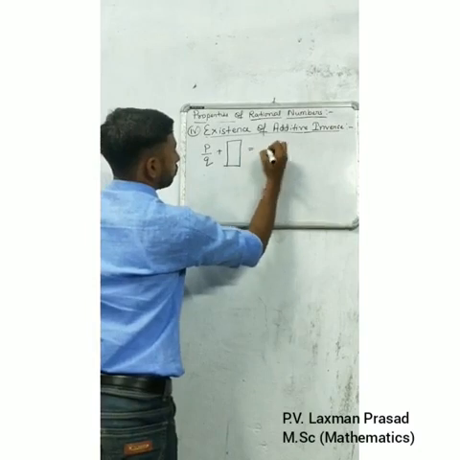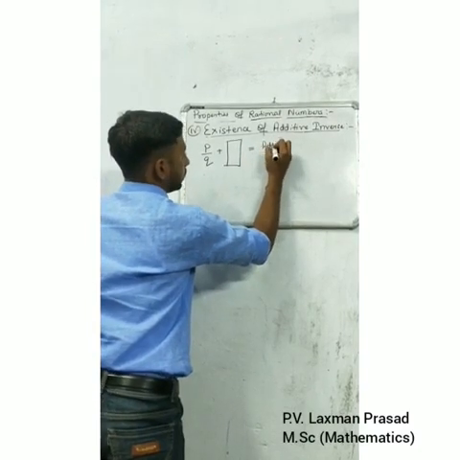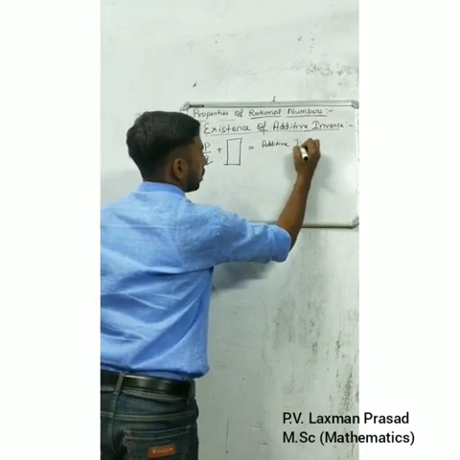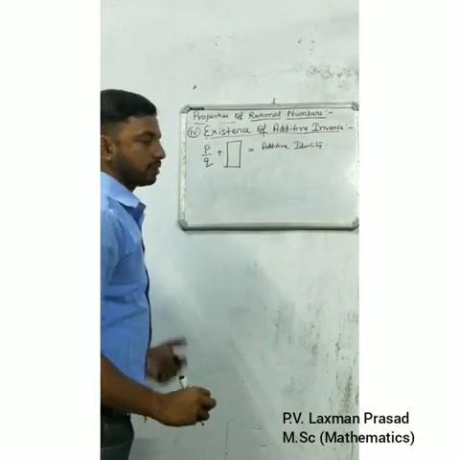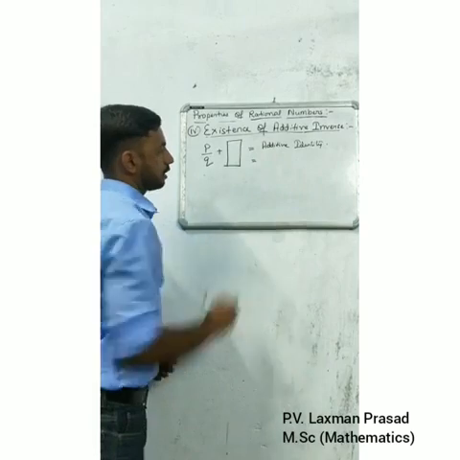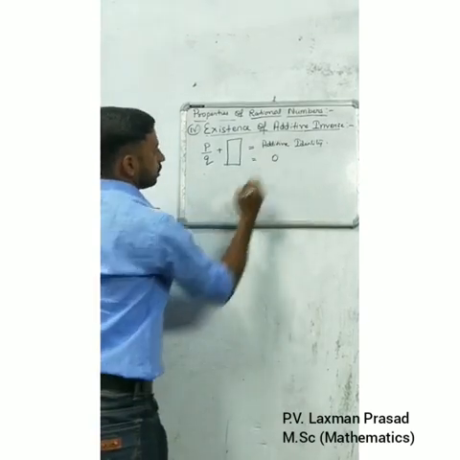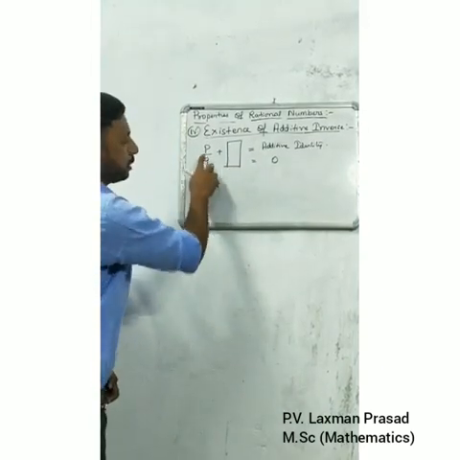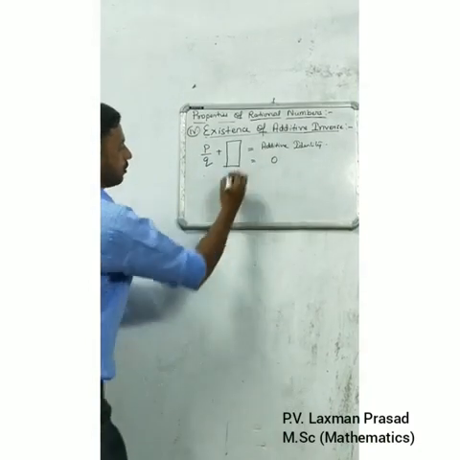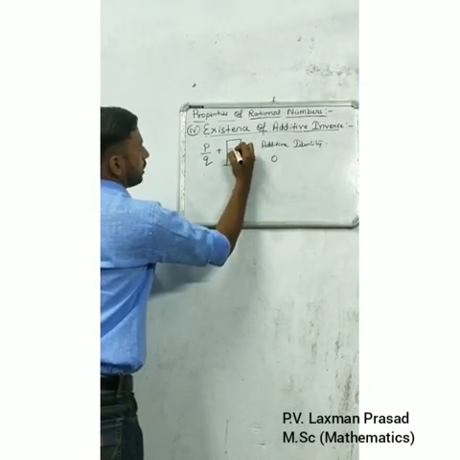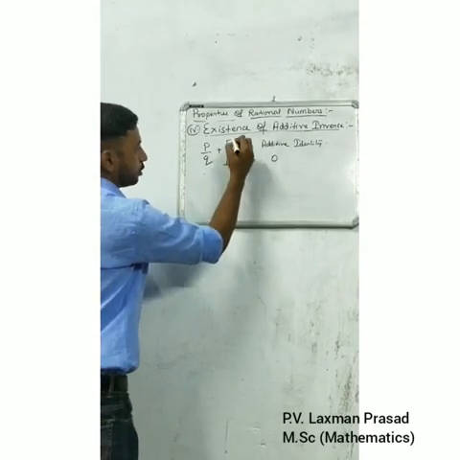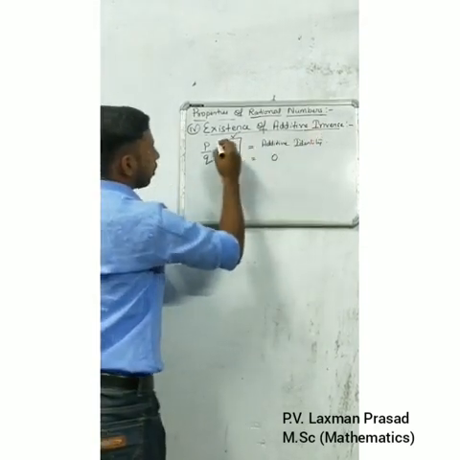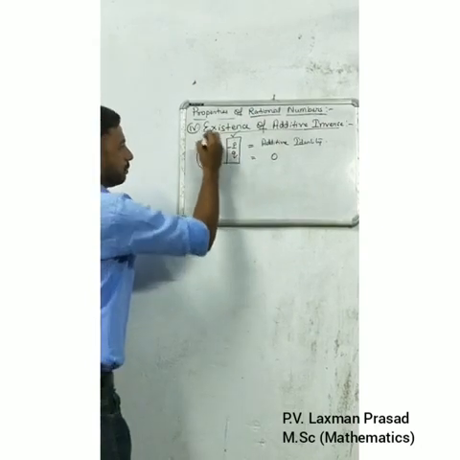The result should be the additive identity. And just now we have discussed what is the additive identity for a rational number. That is 0. That means you have to add something to p by q to make it 0. Obviously, minus p by q, if we add, we'll get 0. So minus p by q is the additive inverse of this rational number p by q.